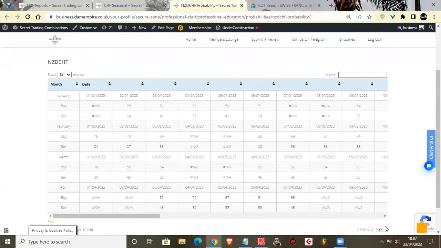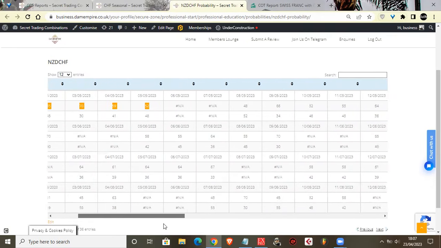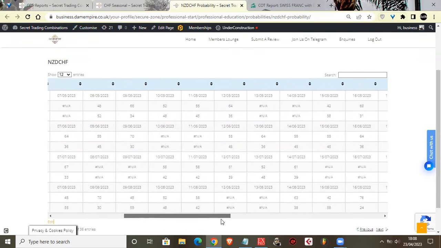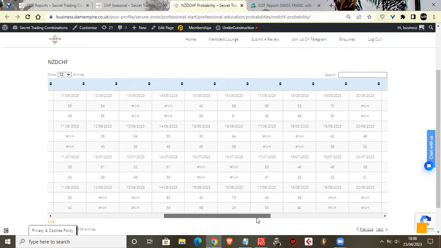And then NZD CHF. So NZD came in from the start, literally from the first, that week looks strong, and then the week after looks strong as well, except for one day, but everything else looks strong, and even the week after that looks strong.